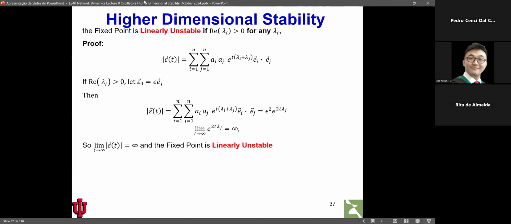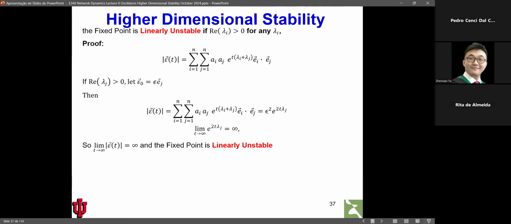The fixed point is linearly unstable if at least one lambda_i has a positive real part. How you do it, you start from that part, and you see that for the real part of lambda_j larger than 0, you start from that point.